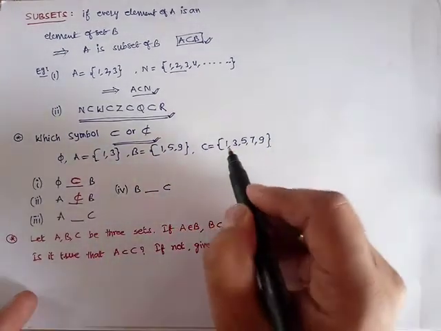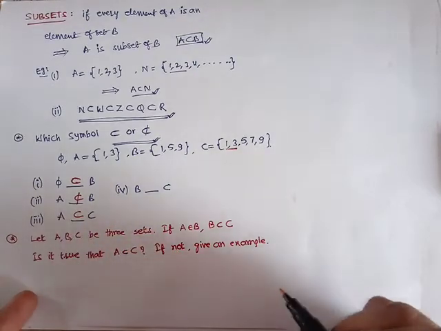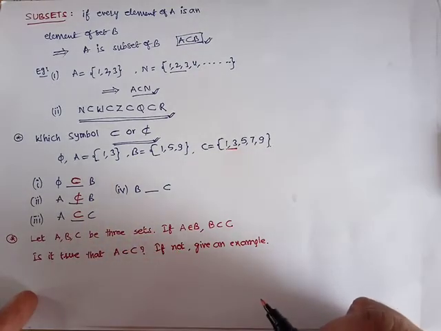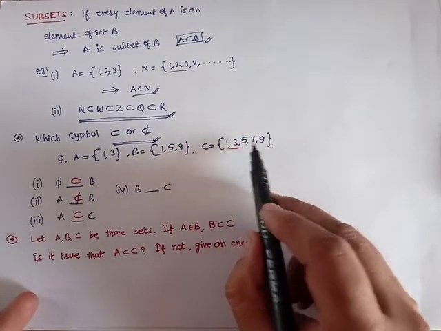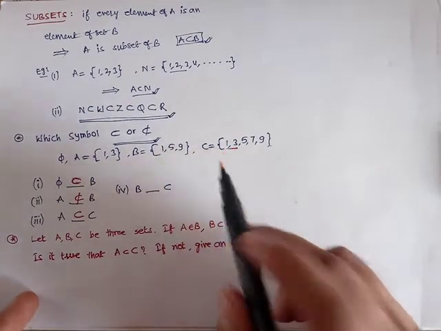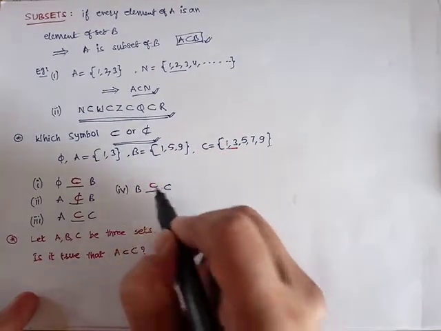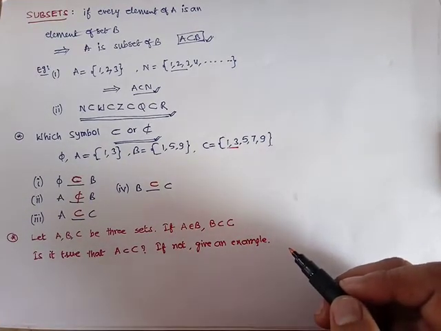So 1 and 3 are present in C, so A is a subset of C. And comparing B and C, {1, 5, 9}: all the elements of B are elements of C also. Then B is a subset of C. So these are the things for the first question.